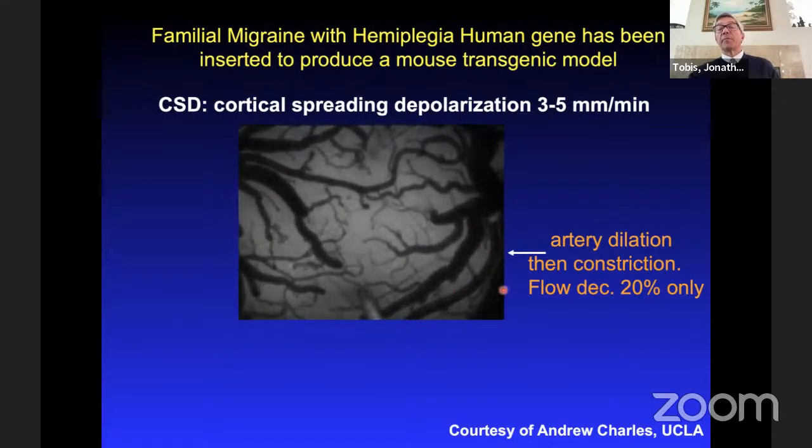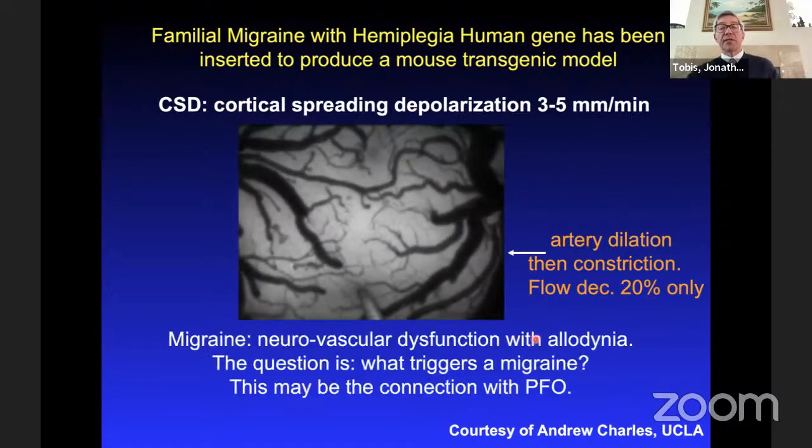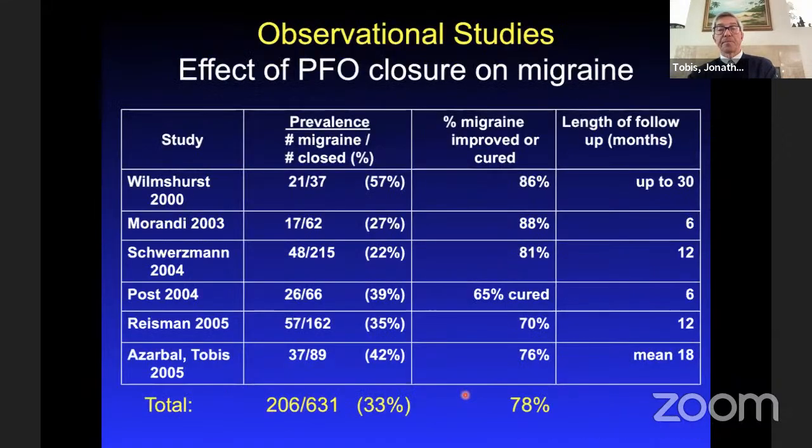And these people have PFOs as the cause of their stroke in migraine. So a migraine is now thought to be a neurovascular dysfunction with allodynia. That means everything's painful, light, touch, sound.